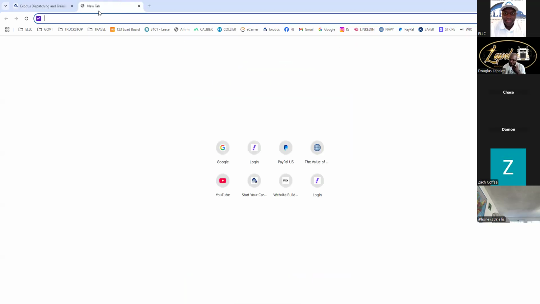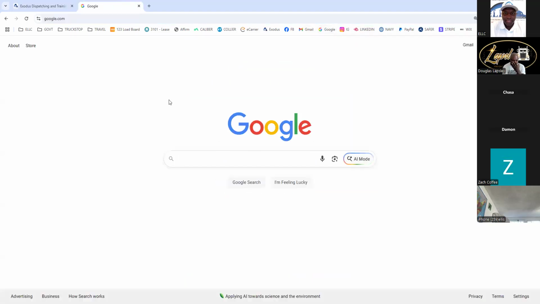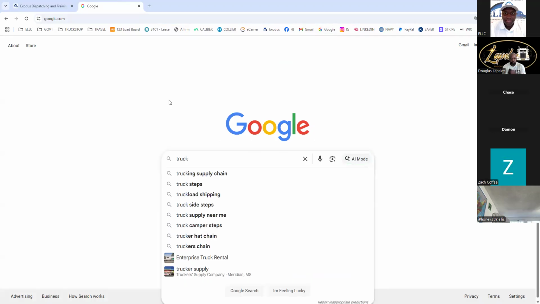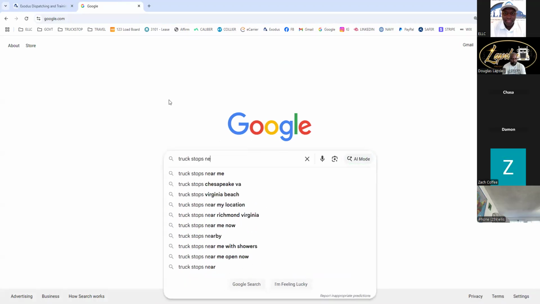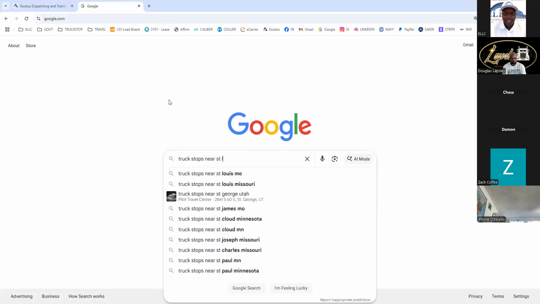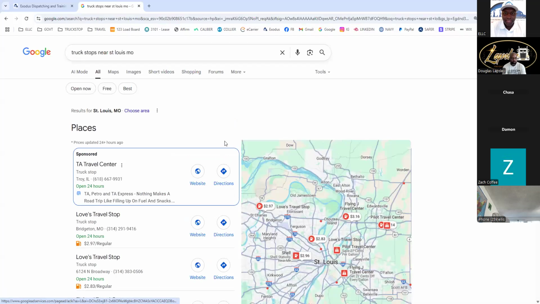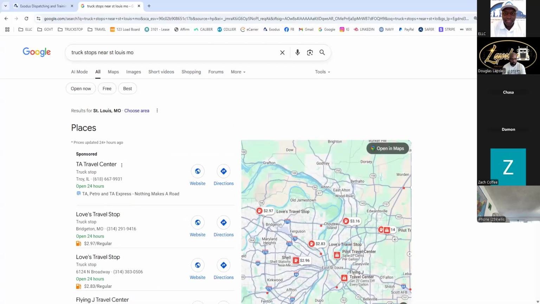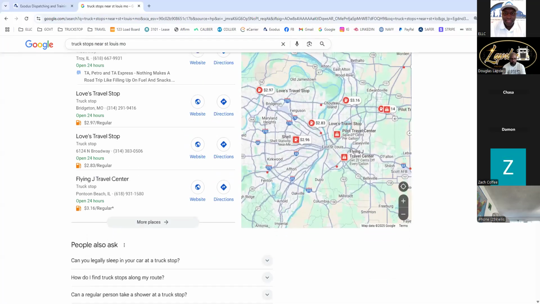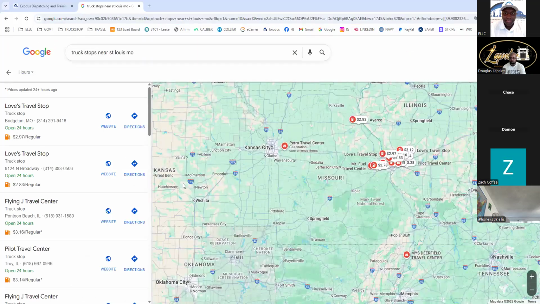So you can easily go to Google and search truck stops near St. Louis, Missouri. And I guarantee you there are going to be some that pop up on your major interstate. Yep, Love's, TA, there we go. Yeah, and Flying J's, Pilots, Loves, TAs, Petros. I mean, they're all over the place.